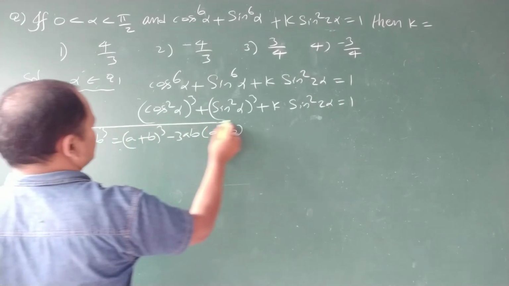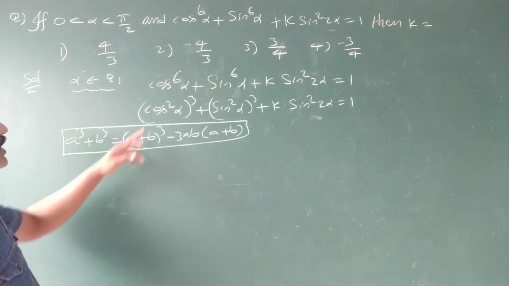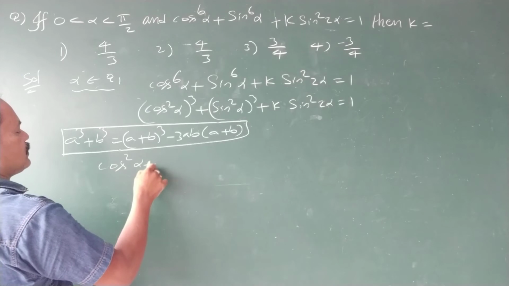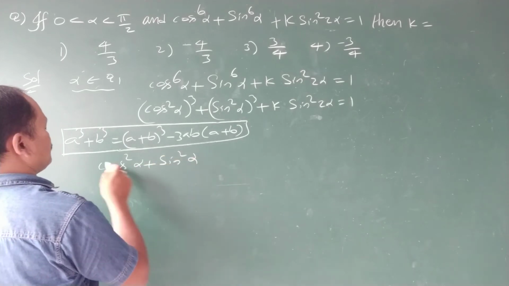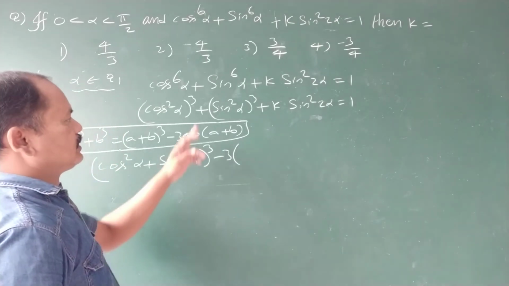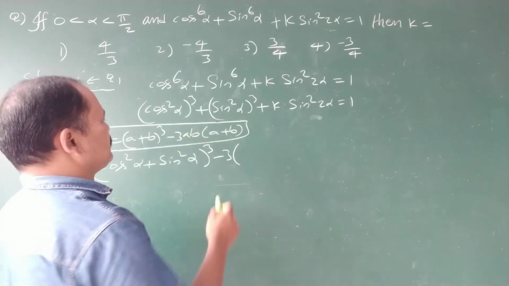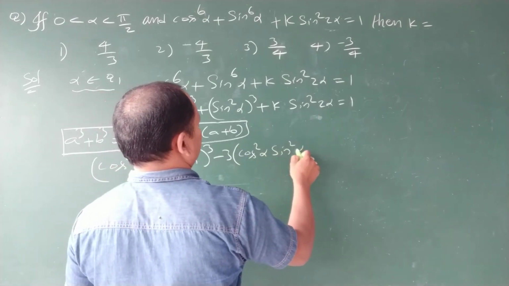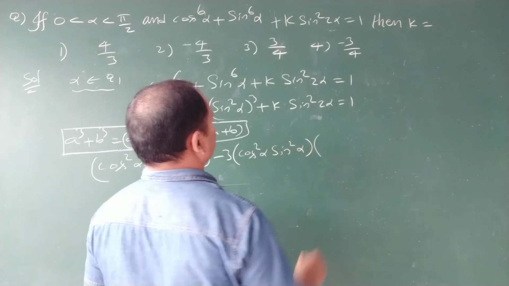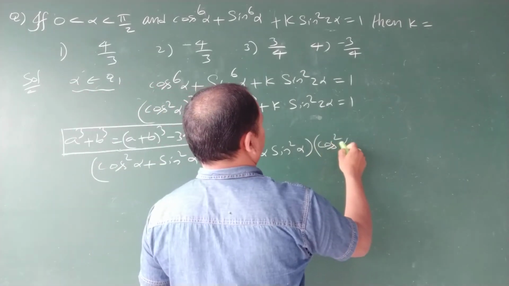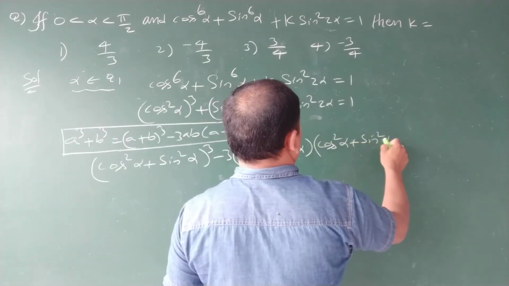So we write it using this formula. Here it is cos square alpha plus sin square alpha whole cube minus 3 times cos square alpha into sin square alpha into a plus b, where a plus b is cos square alpha plus sin square alpha.